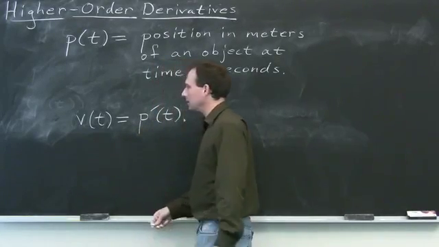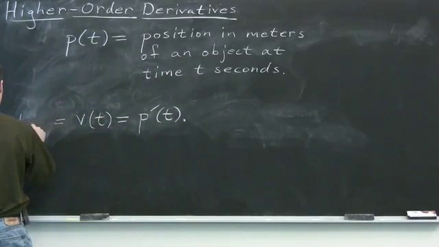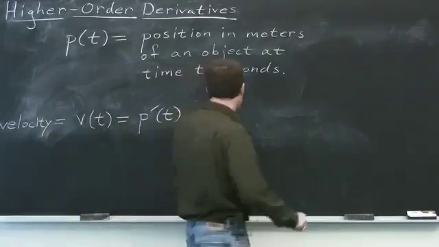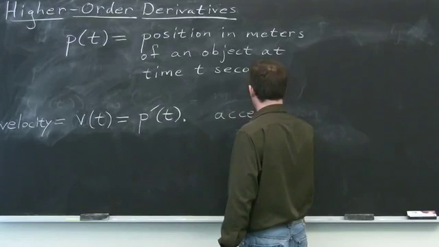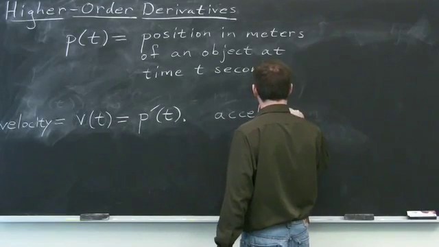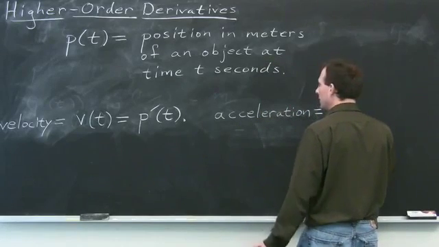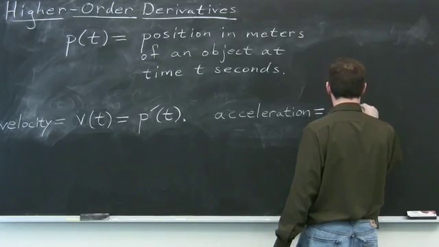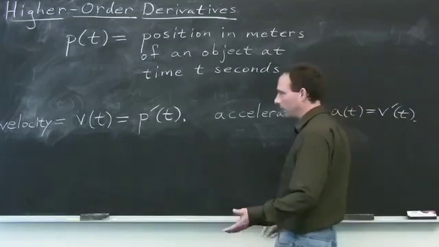It's p prime of t, so this would be your velocity. We also discussed acceleration. Acceleration is the derivative of your velocity with respect to time. So acceleration equals v prime of t, the derivative of the velocity with respect to time.